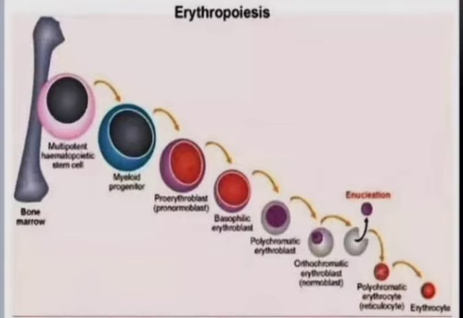The polychromatic erythroblast stains with red dye and a little of blue dye. I said the cytoplasm of polychromatic erythroblast stains with more of red dye and a little of blue dye. Hemoglobin appears at this stage.